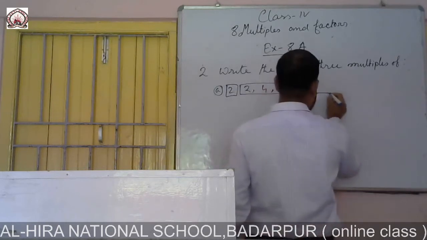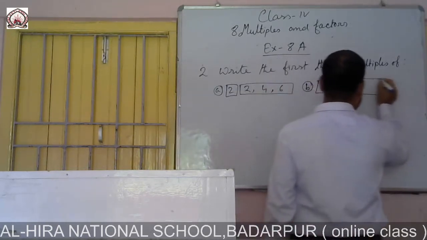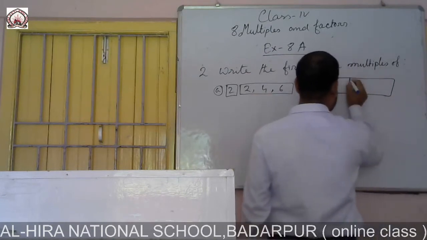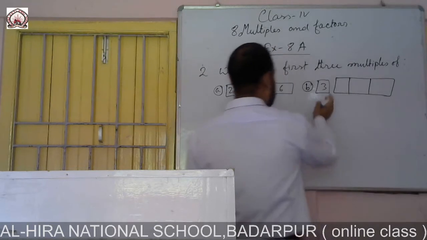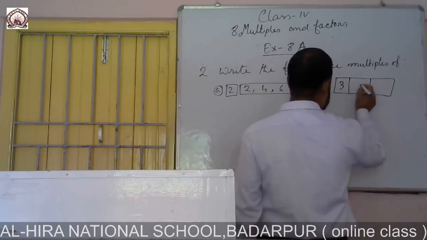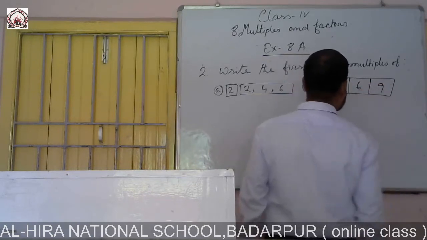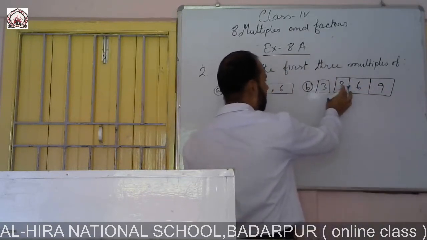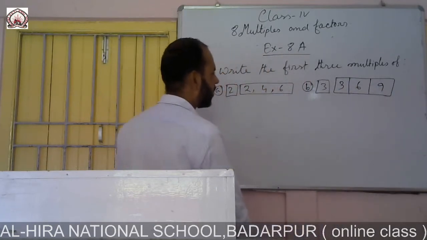Number B, 3. We take out the first 3 multiples of 3. We write 3 1 is 3, 3 2s are 6 and 3 3s are 9. So these 3, 6 and 9 are the multiples of 3.